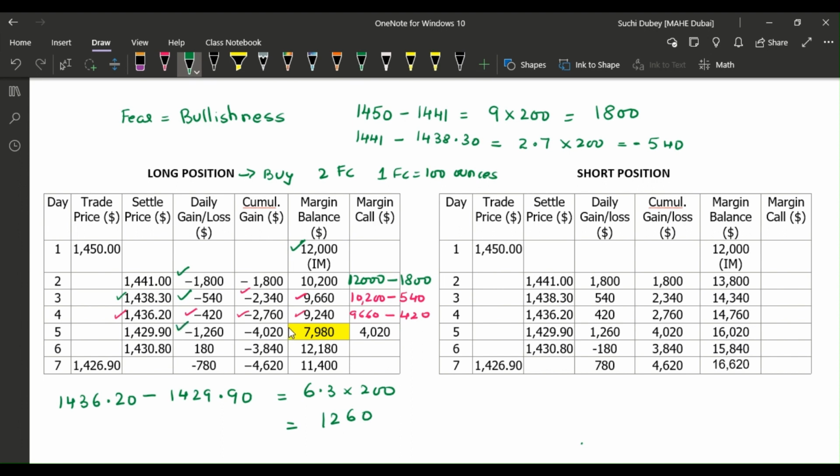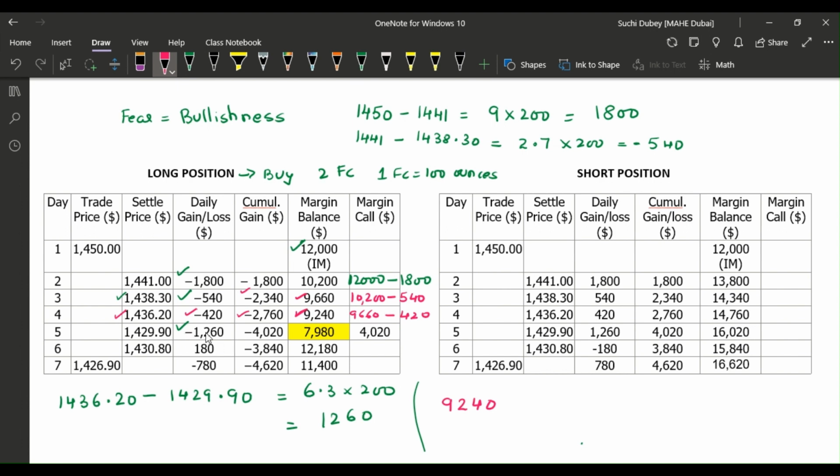Again, it's a loss. Now, think about what is happening here. If this trade gets executed, I'll repeat, if this trade gets executed, what will happen? How much is my balance? 9240, correct? Which is this.